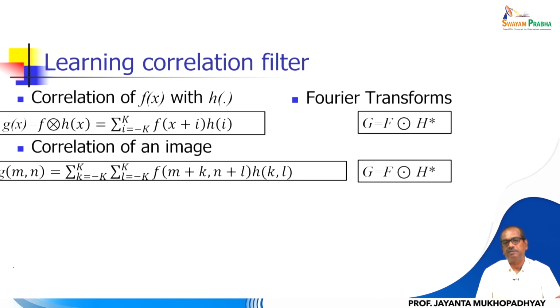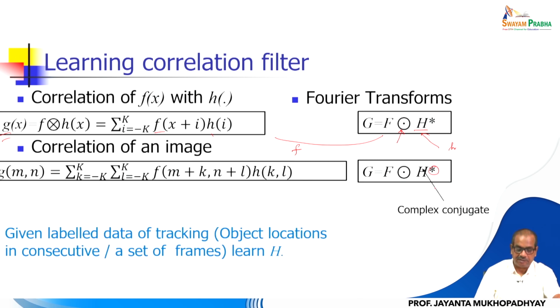This pointwise multiplication is shown by this operator, F is the Fourier transform of function f, H is the Fourier transform of function h, and G is the Fourier transform of its output. For images, it is the same relationship for two-dimensional Fourier transforms. This symbol denotes the complex conjugate part.